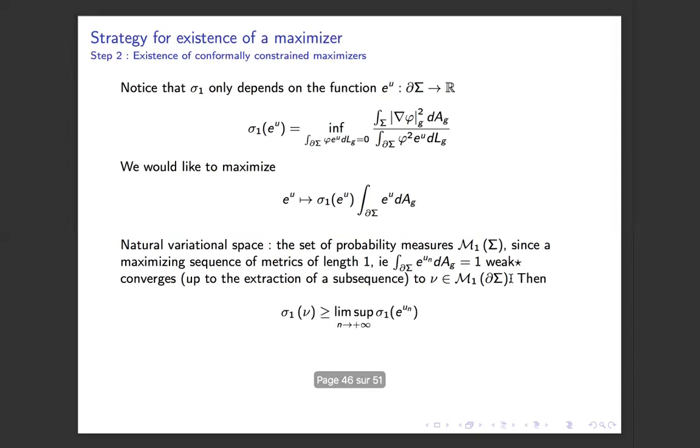But here, we have a good thing, which is that the first Steklov eigenvalue is upper semi-continuous with respect to the sequence here, so that this has to be maximal.